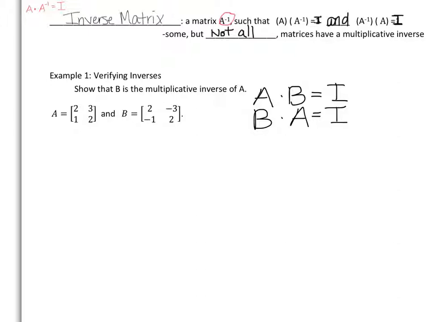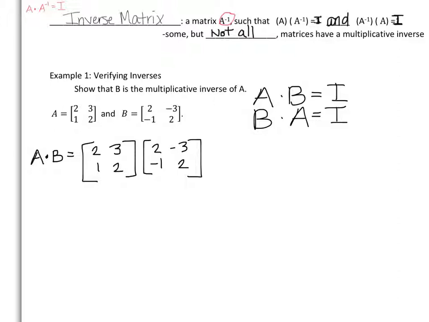We're going to show what A times B equals. So let's do that. A is 2, 3, 1, 2, times B, which is 2, -3, -1, and 2. This is matrix multiplication. That's what you've been working on this week. So take the first row times the first column.